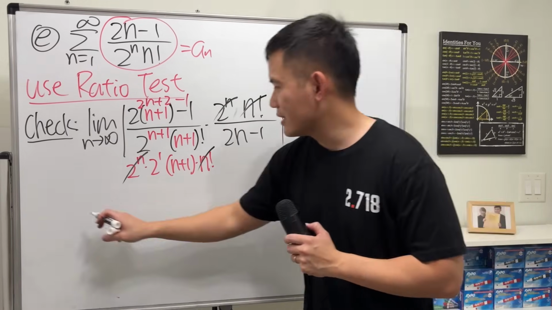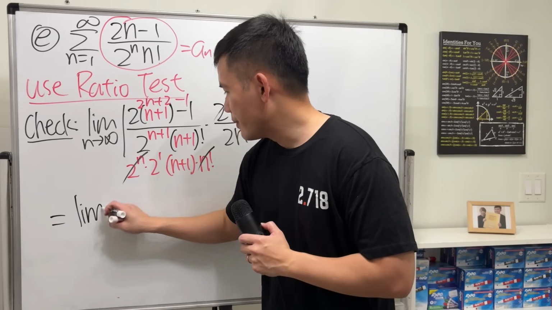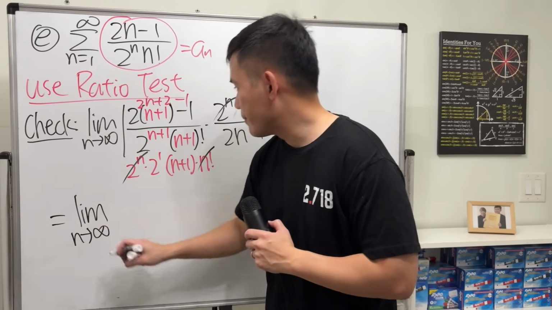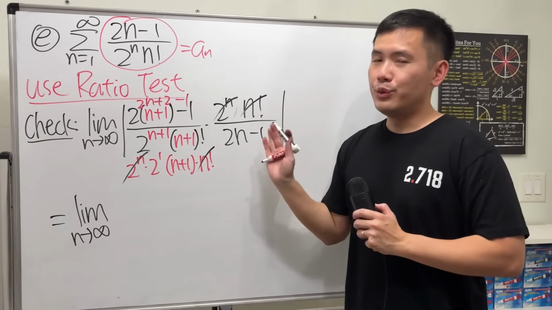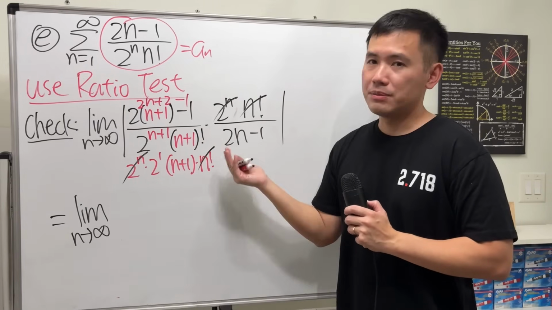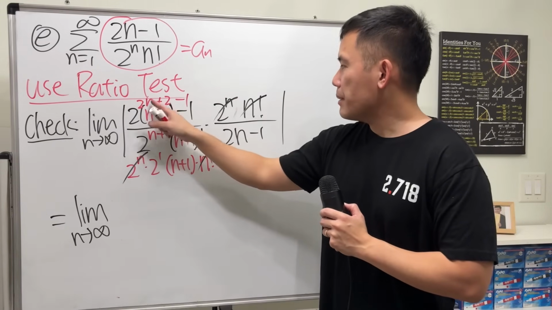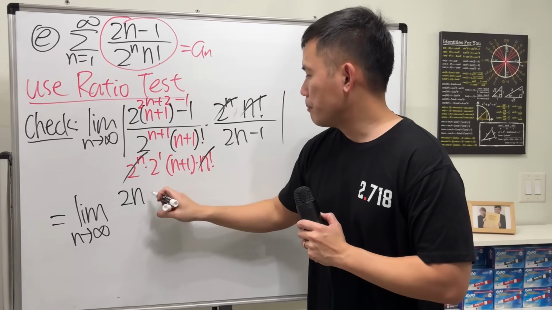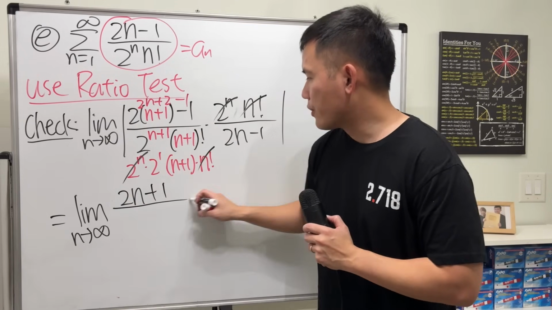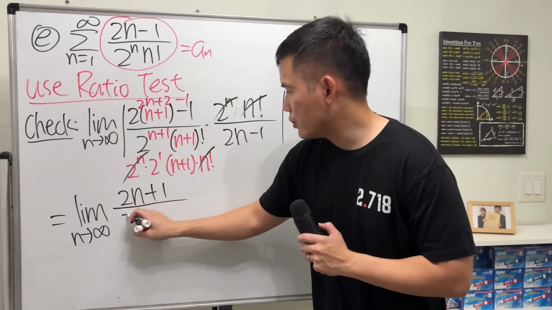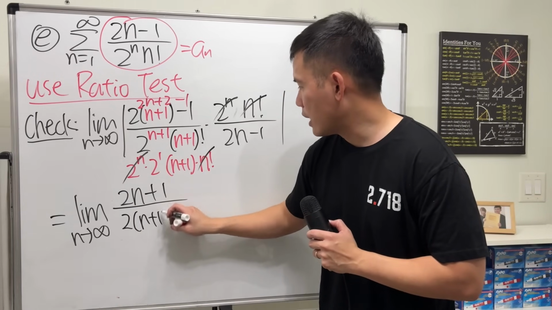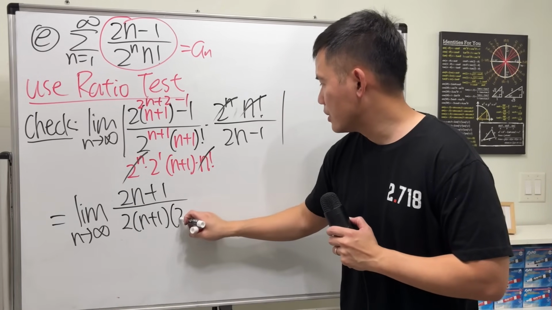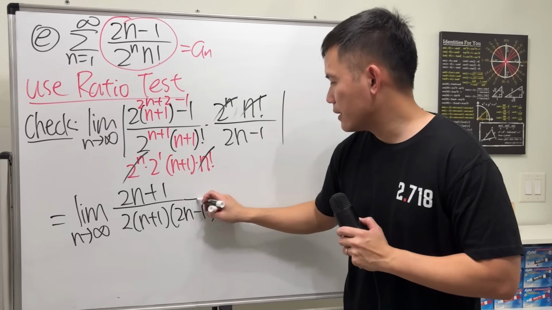Pretty nice. So we're looking at the limit as n goes to infinity. The absolute value really doesn't matter because everything inside is positive. On the top here, we have 2n plus 1, over the bottom here we have 2 times (n plus 1), and then another (2n minus 1).